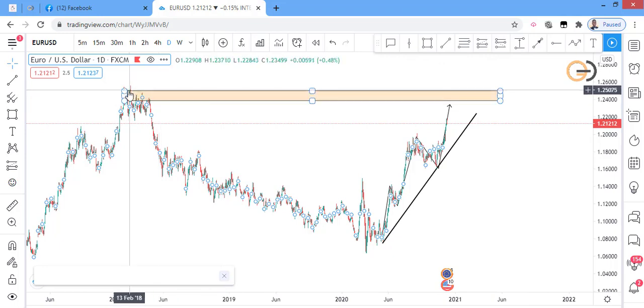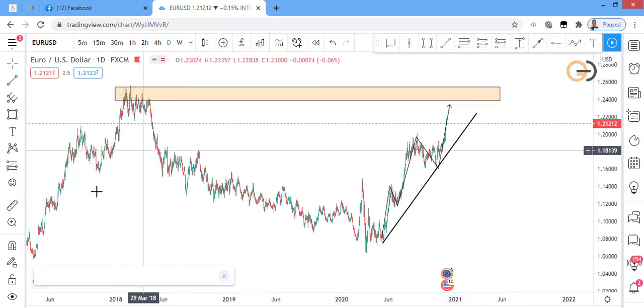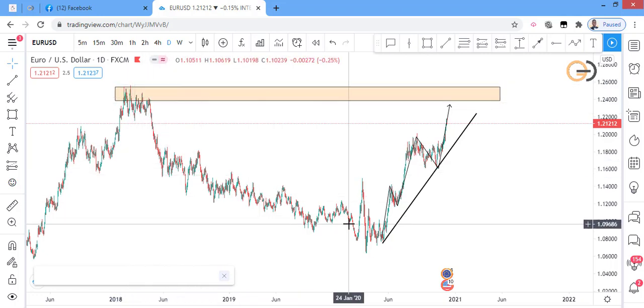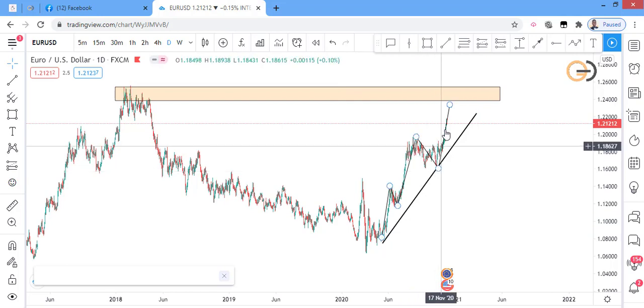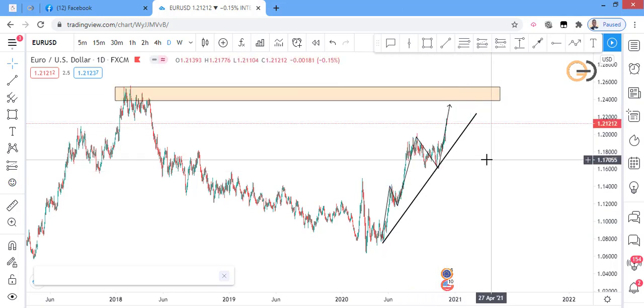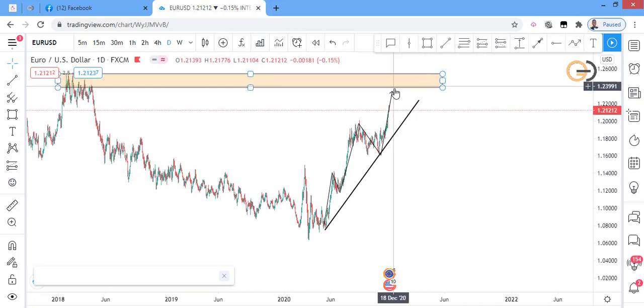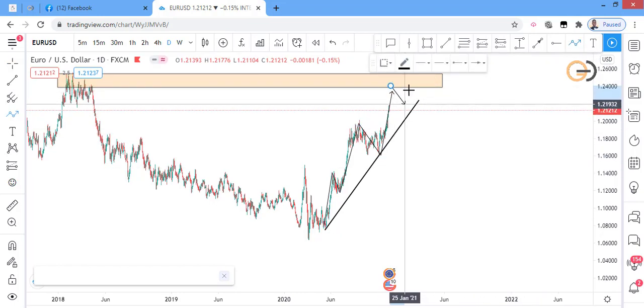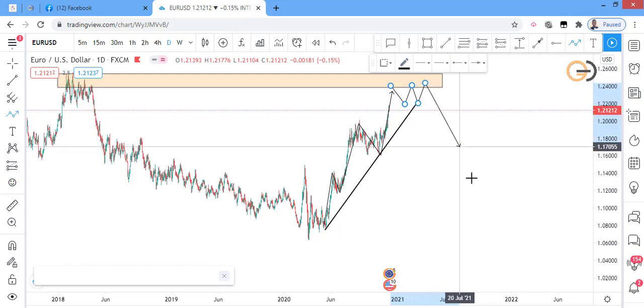The reason I'm doing this is, look at what happened. The price came up here, it tried to break it, it could not, it reversed down. Alright, so the price is now approaching that same level, meaning that there is a potential that the price will reverse again from this place. After multiple attempts to break this place, the price will definitely reverse back again.